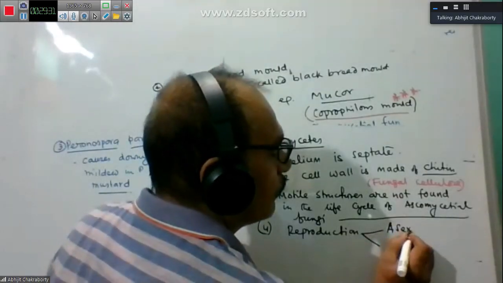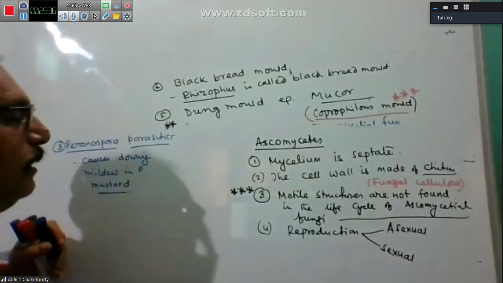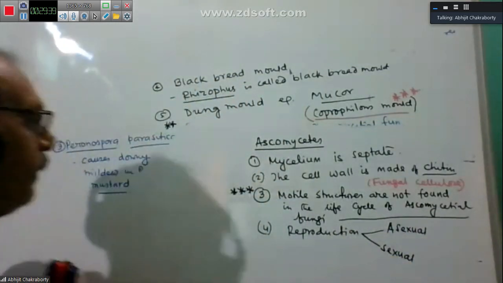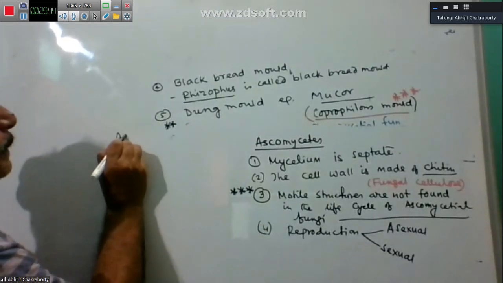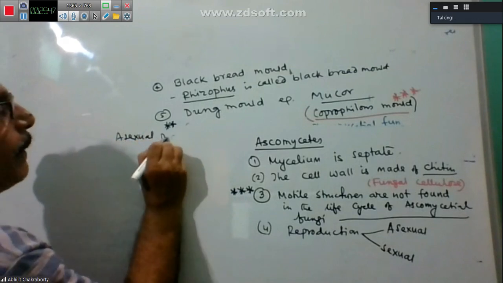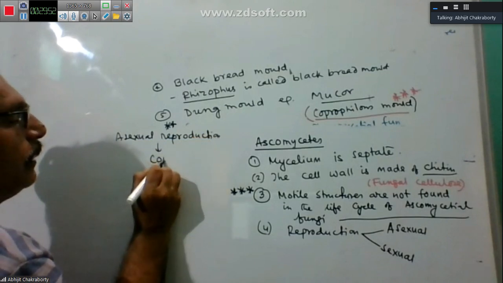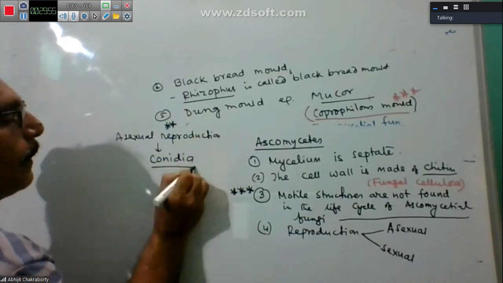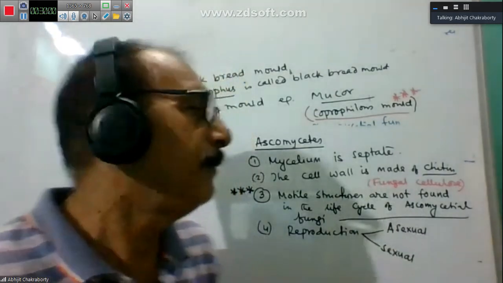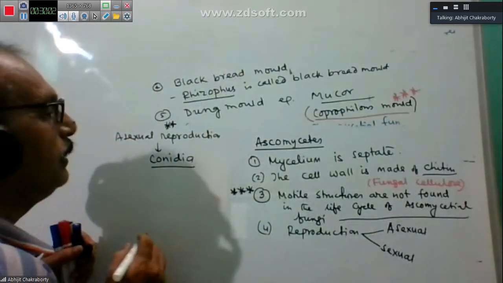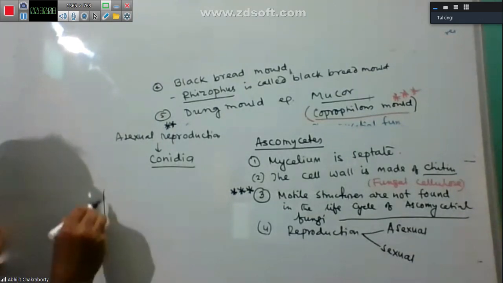Asexual reproduction. So here the main asexual mode is conidia. So here asexual reproduction takes place by means of conidia. What about this conidia?